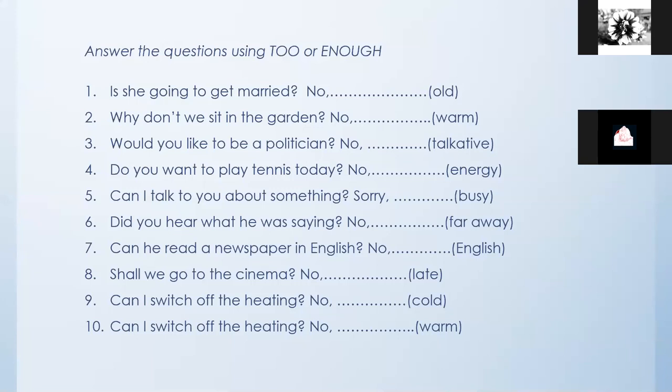Before, Mukti Salim texted me on WhatsApp asking about too or enough.